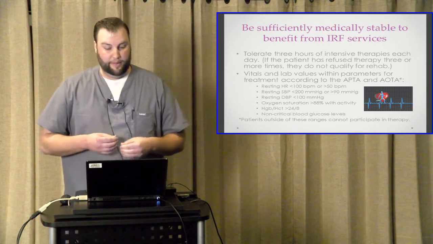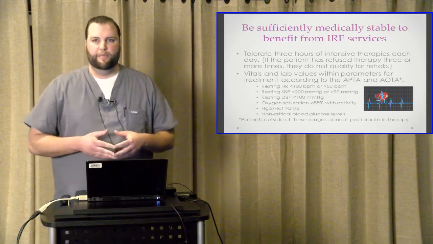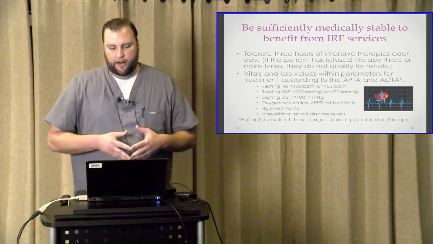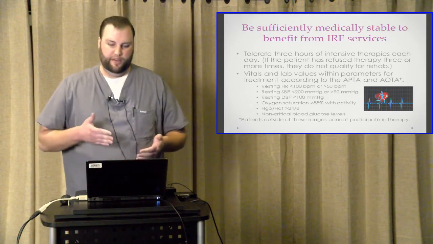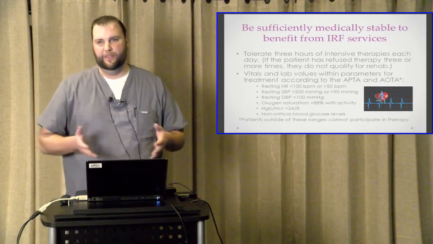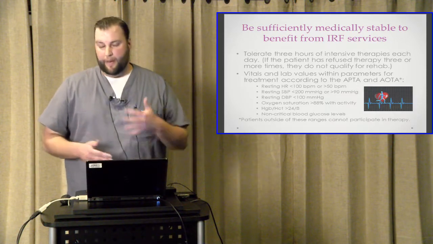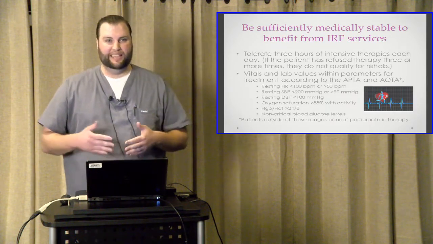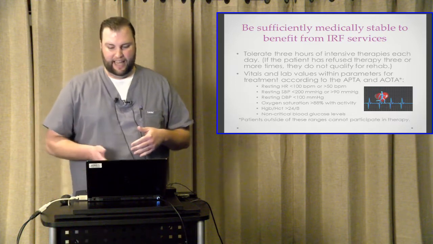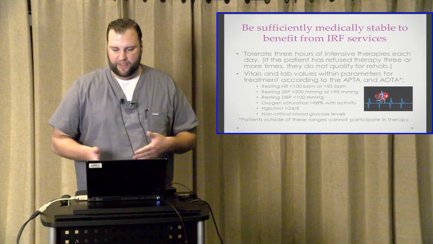You also have to be able to tolerate and benefit from 3 hours of therapy, which they get daily. They have to go to therapy. If a patient on the acute care floor is refusing therapy left and right, maybe refusing a 30-minute session, and we're asking them to come up and do 3 hours a day, and they start refusing, we can't justify their admission. We have to discharge them.